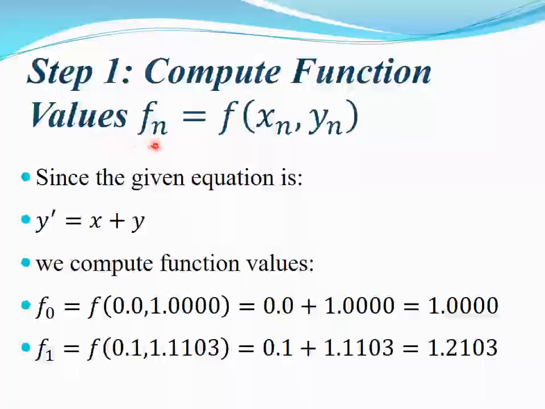Since the given equation is dy/dx, that is y dash equal to x plus y, we compute the function values. For f0, we put n equal to 0, so we use x0 and y0. The initial value is given as x0 equal to 0, as we have seen in the first slide, and y0 is 1.